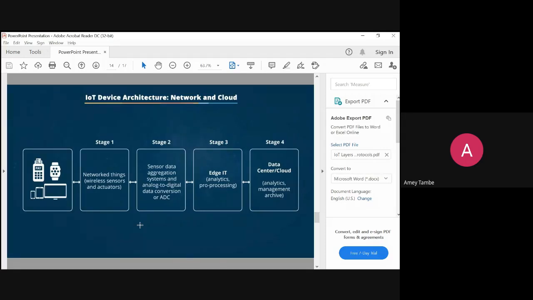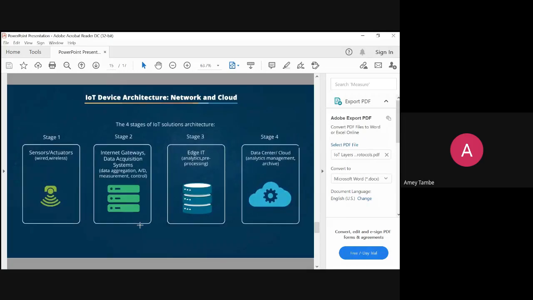Stage 3 is edge IT, meaning you need devices or a software part where you can examine, analyze or pre-process your information in order to feed it to another source. On the fourth stage, you can have a data center or cloud deployed application where you can manage and archive your entire application process or the data we have created.